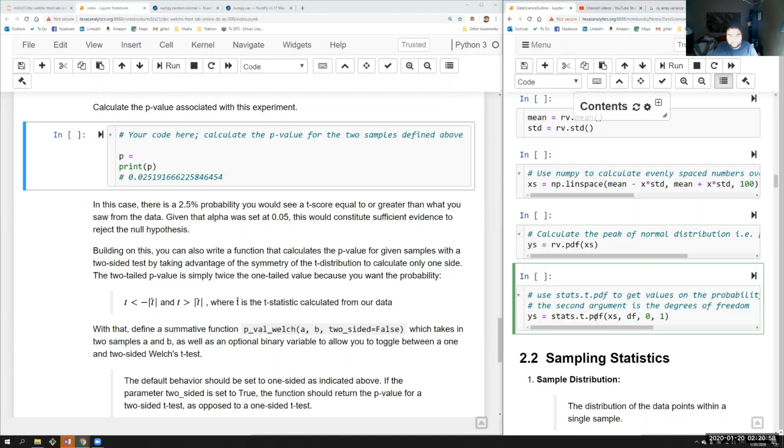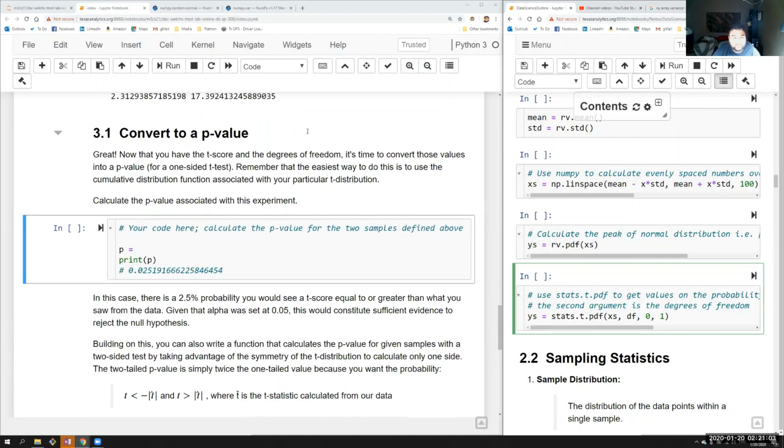Stats.t.pdf, that's right. No, but it's t.cdf, right? Cumulative distribution. Well, is that it? To get values on the probability density function. Well, that's on the probability density function, which would give us something else.